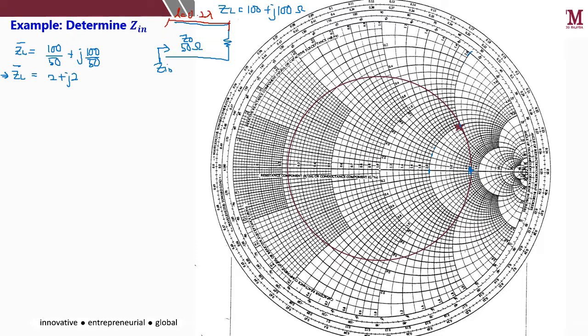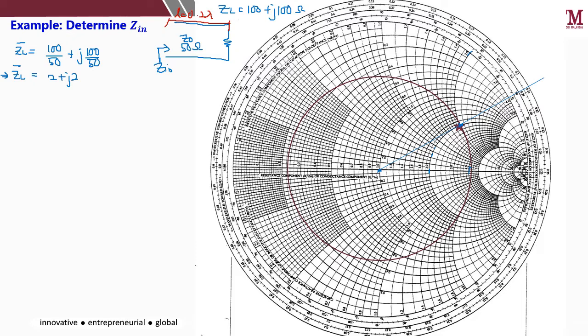Okay, so when you have drawn the SWR circle, then you'll draw another line from the center of the Smith chart crossing the point of your impedance. So from here you look at the current position.